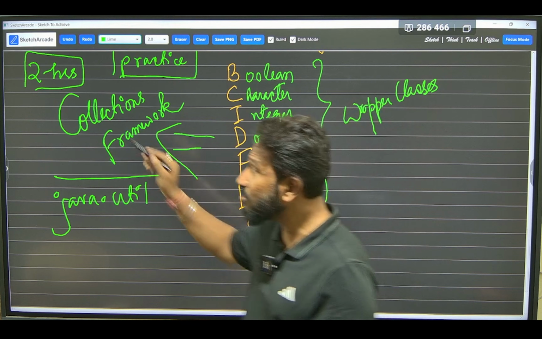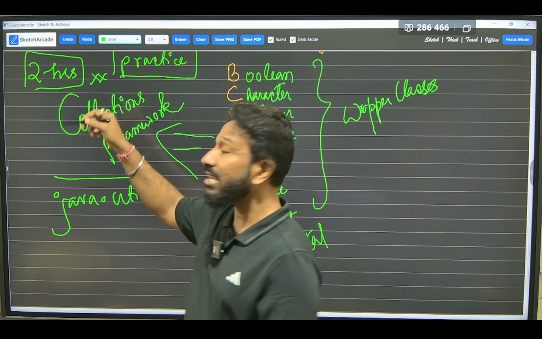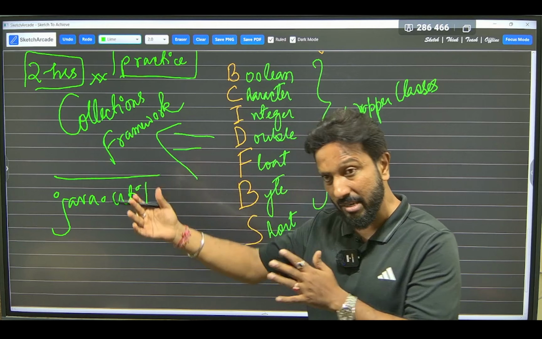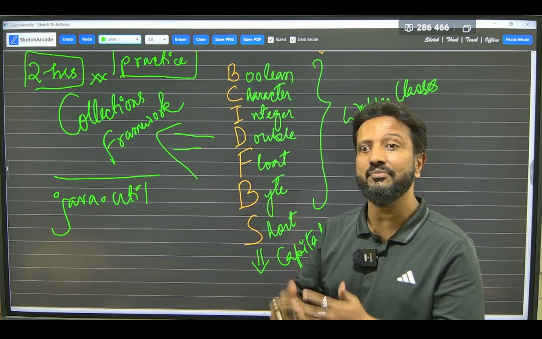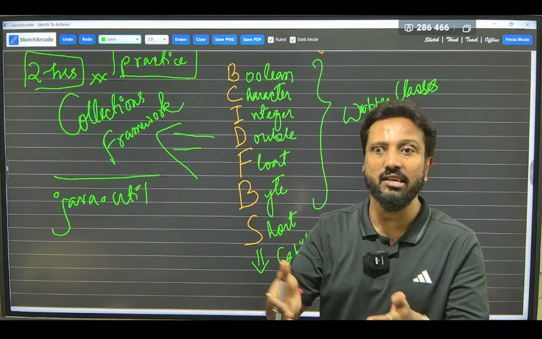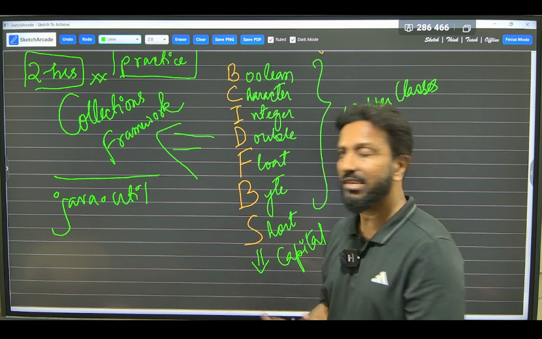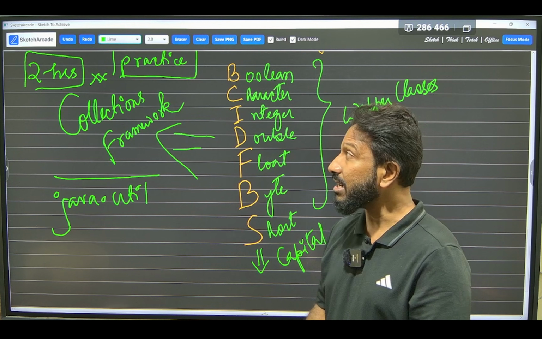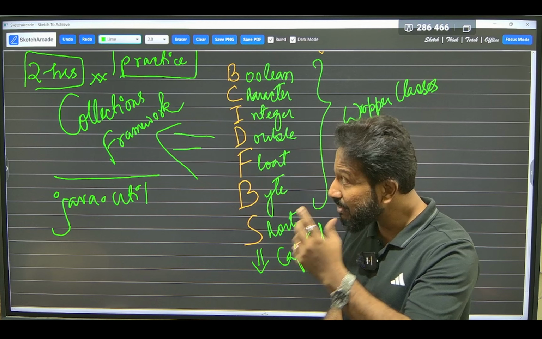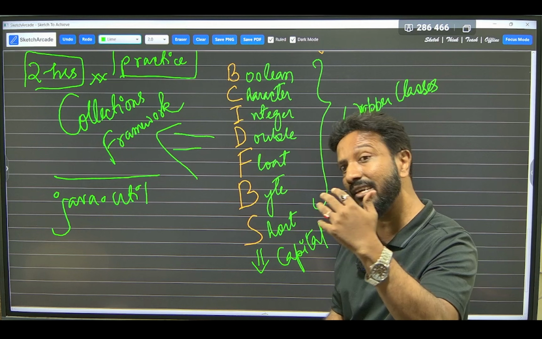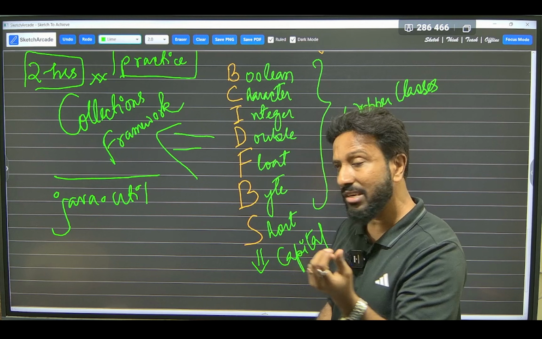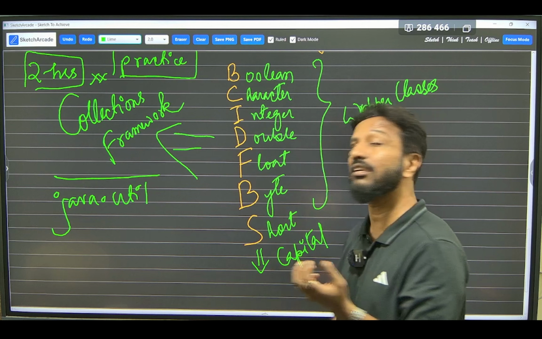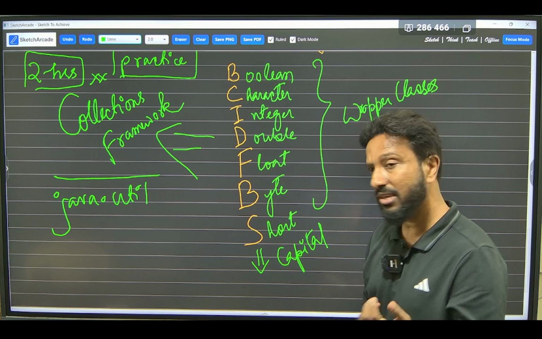So at least devote 2 hours per day. I can guarantee you at the end of 6 months, you will be in a better position than you are right now, and you will definitely get a good job. And at the same time, in the beginning, don't focus on getting a higher package. The package will come automatically, but focus on learning more and more. That is what I will suggest right now.